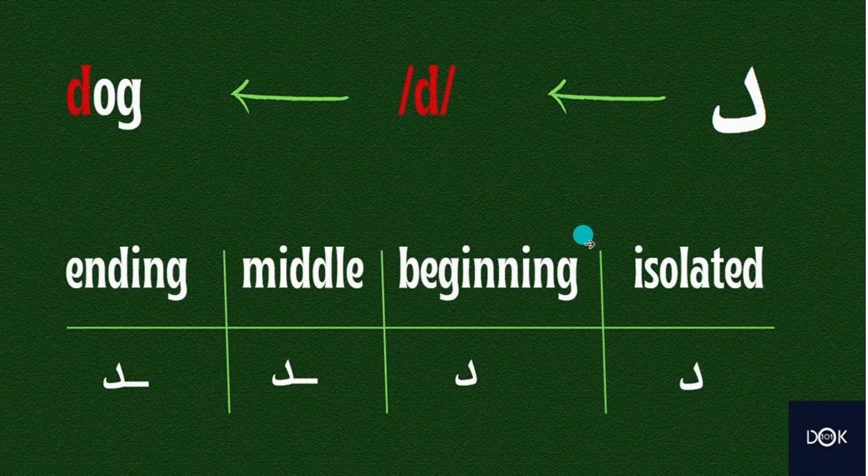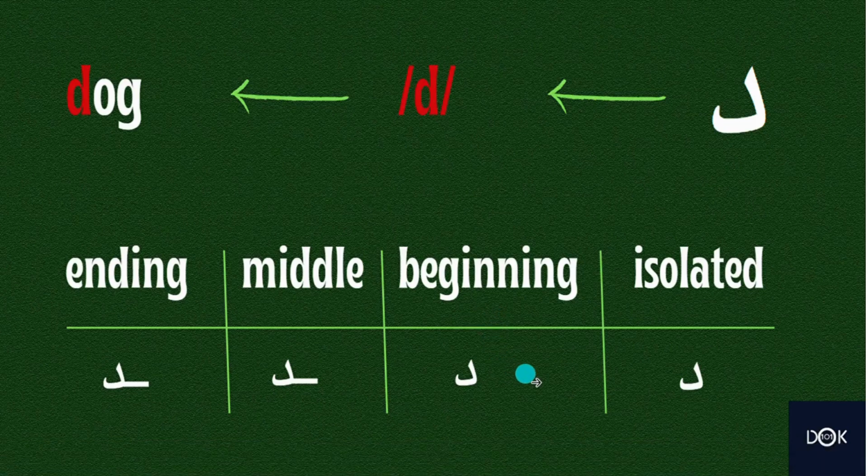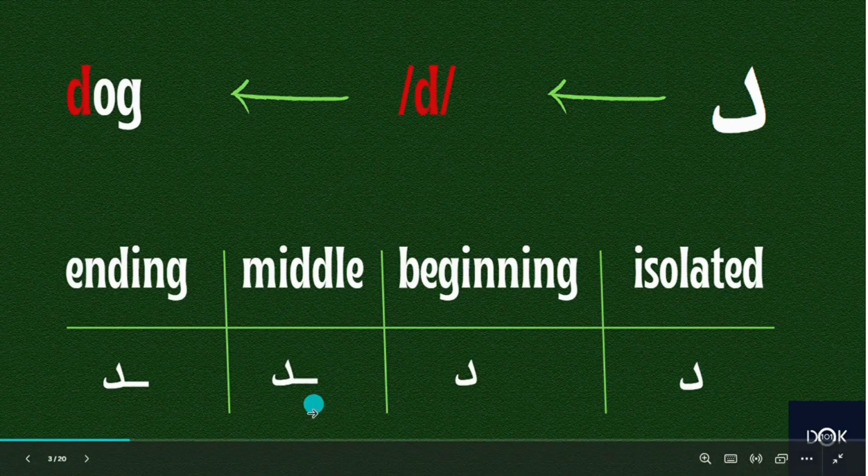Now these are the 4 forms of letter Dal. The first form is isolated, and that is a complete Dal in isolation, like the name suggests. Then comes the beginning, and that is the same as the isolated form. But when Dal is at the middle of the word, it will be attached to the letter before it.